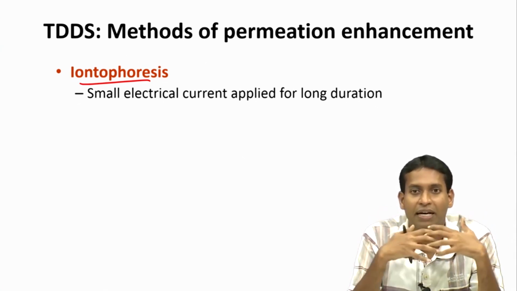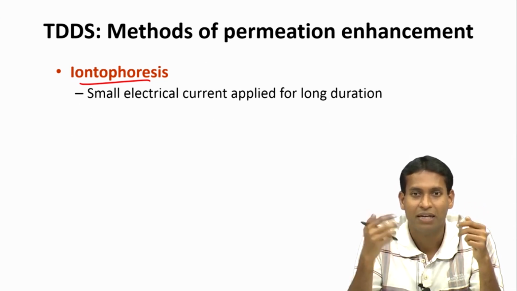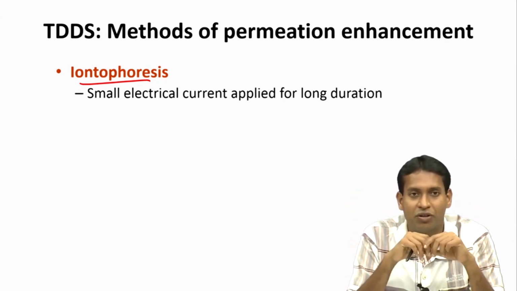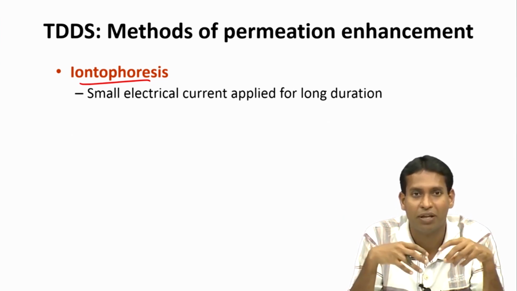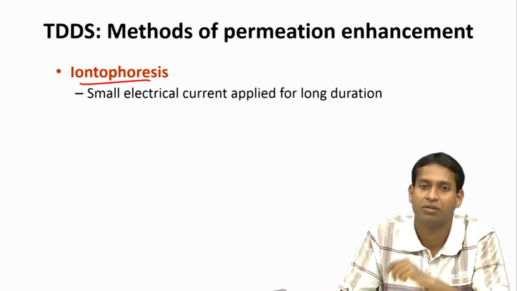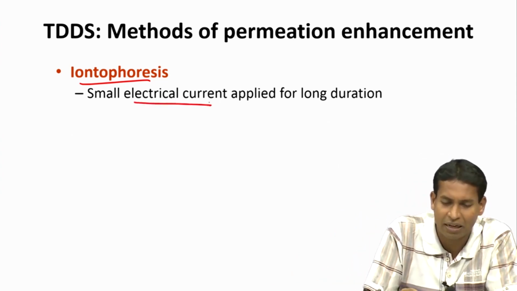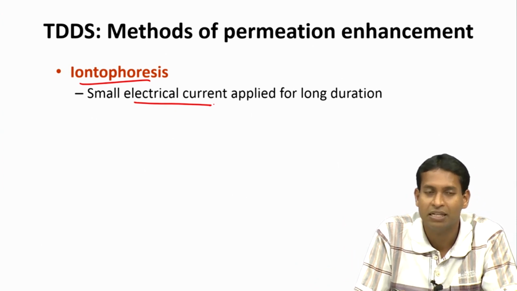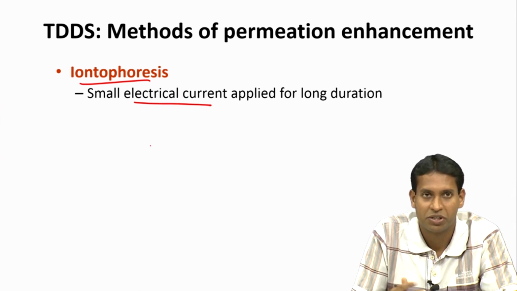So their interlocking pattern that was preventing the drug from going through is disrupted, and now the drug can go through these channels that are formed due to the application of electric current for a long duration. And these electric currents are fairly low in terms of voltage, so it is not going to cause shock to your body, and it is well tolerated by the patient.